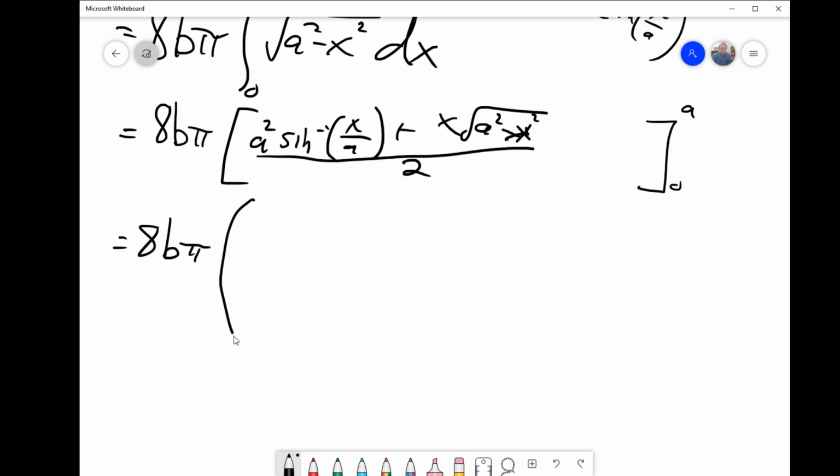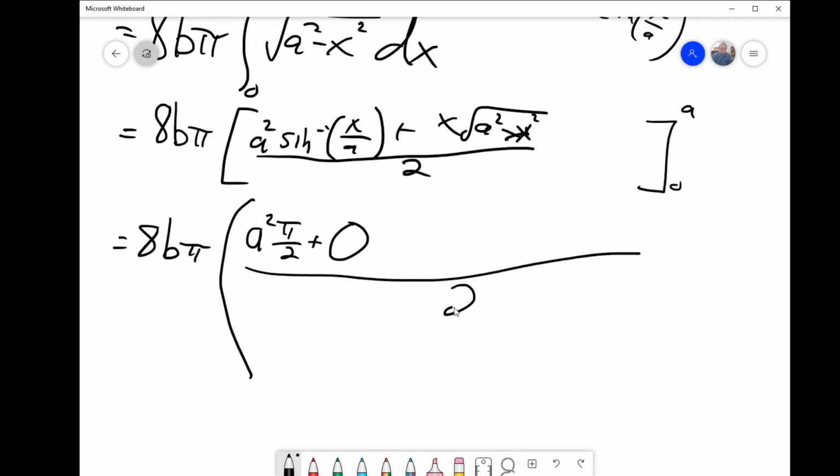And then we actually do our substitutions. So when x equals a, we have a squared times the inverse sine of 1. And the inverse sine of 1 is pi over 2. So we have a squared times pi over 2. And again, when x is a, this one is a squared minus a squared, so that whole term is 0.